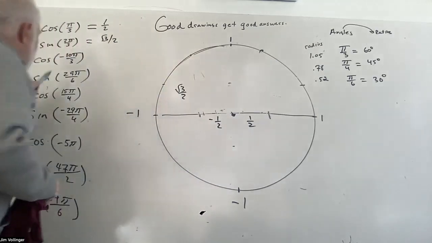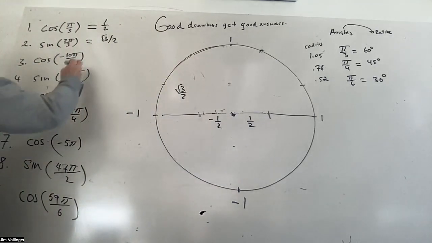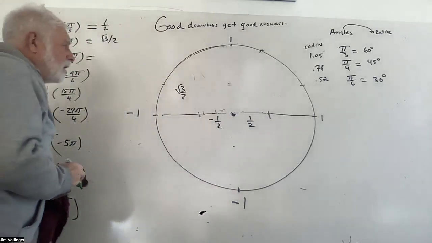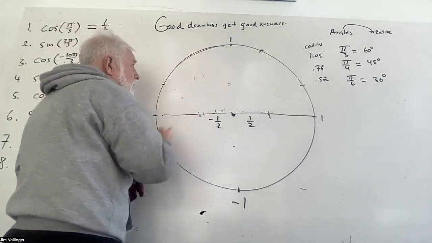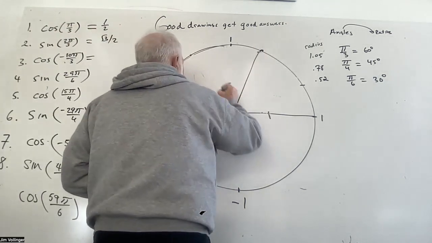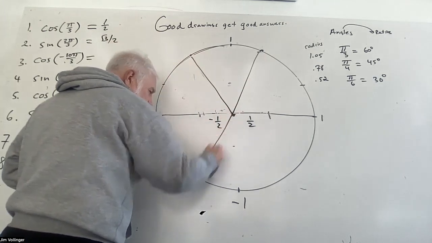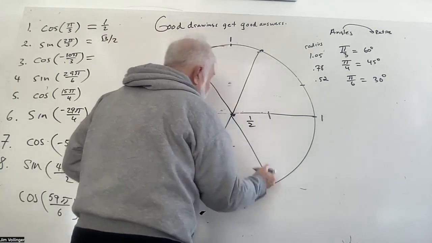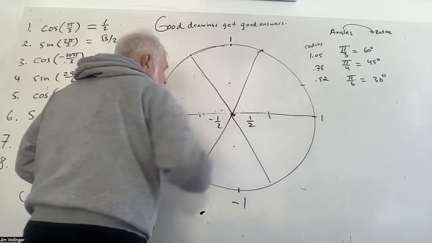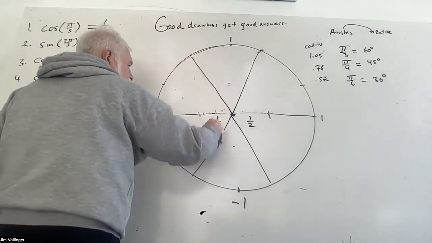Now we're looking at -10 pi/3. Whoa! Well, pi/3 are the 60-degree critters, right? So that's going to continue here, continue there. There's 6 parts to the circle, and each one is a 60-degree angle.